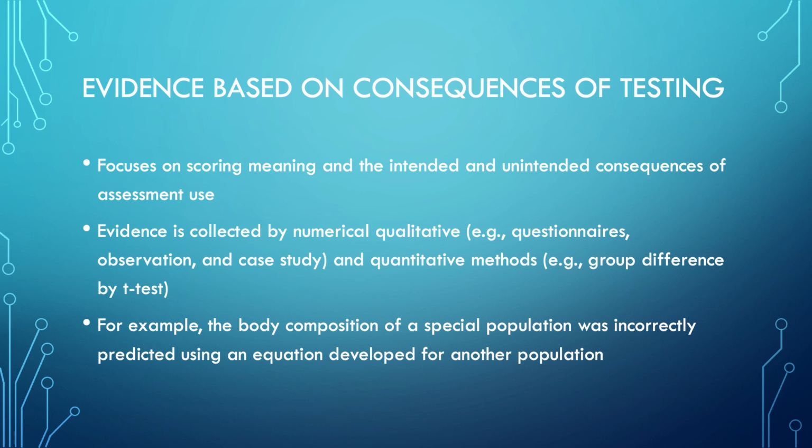So if we used a scale that was determined off of people without Down syndrome to try to predict body composition of people with Down syndrome, we'd have a lot of flawed data because that body fat percentage skews differently based on that population. So we can't just apply a scale or an equation that was designed for one population to another population. We need to make sure we're using appropriate predictions and equations to get appropriate data outputs.